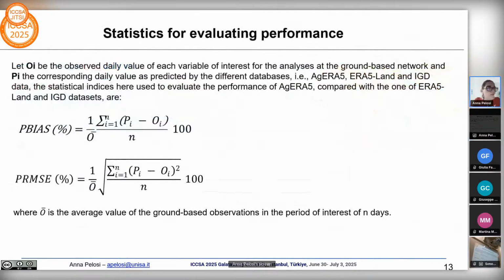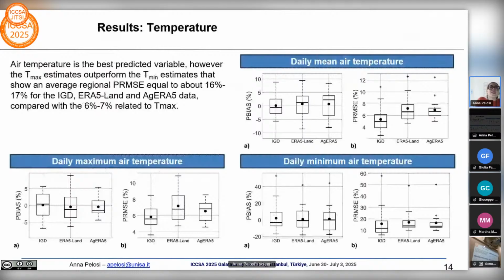I will show very briefly the results of this comparison by showing some statistics for evaluating performance, in particular the percent bias and the percent root mean square error, that I think you know very well. So I will go very quickly on this slide. In these graphs, I'm showing the performances in terms of percent bias and percent root mean square error for all the weather variables analyzed, and for the three databases in input: the interpolated ground-based data, the ERA5 Land data, and AG ERA5.